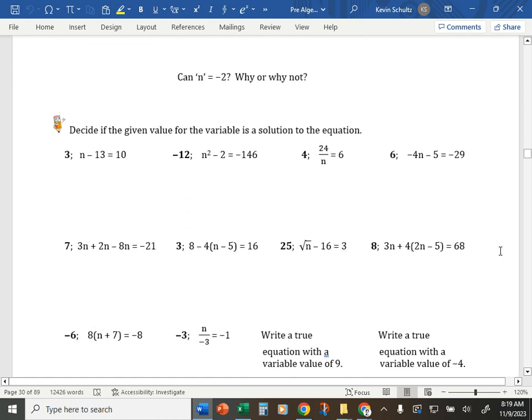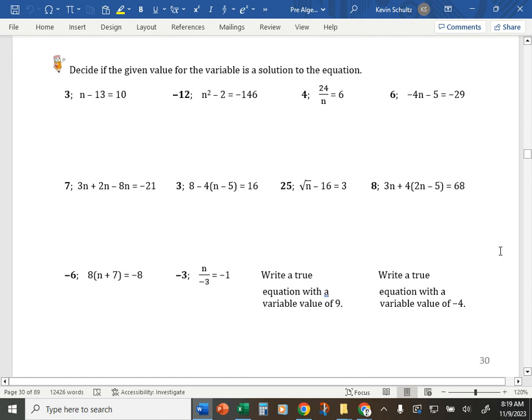All right. Your homework for Monday, because tomorrow with me being out, it's going to be a math packet and Khan Academy day. Your homework for Monday is pretty much the same as we did up the top. I only give you one value though. So basically, the number in bold is the number I want you to test. So in the equation, n minus 13 equals 10, can n be 3?